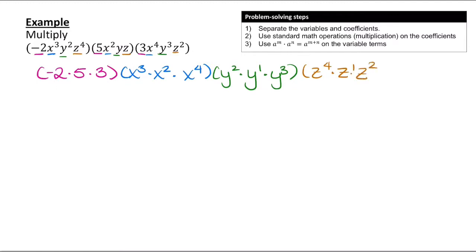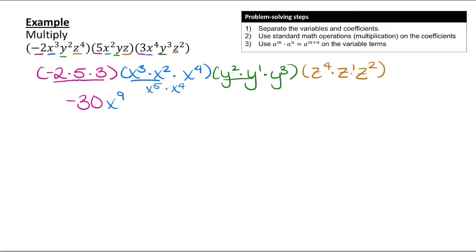Okay, now let's simplify this whole thing. Negative 2 times 5 is negative 10. Negative 10 times 3 is negative 30. Now let's work on x. X cubed times x squared, I'm going to add those exponents, which gives me x to the 5th. Then x to the 5th times x to the 4th, I add those exponents, which gives me an overall exponent, x to the 9th.